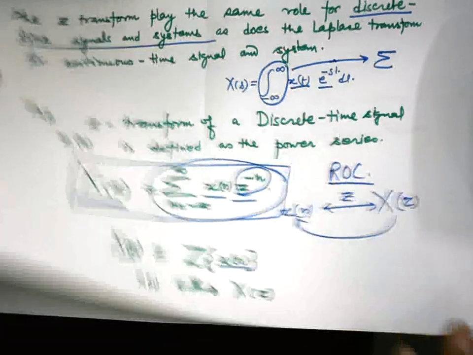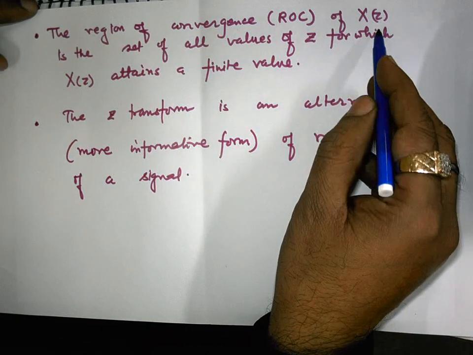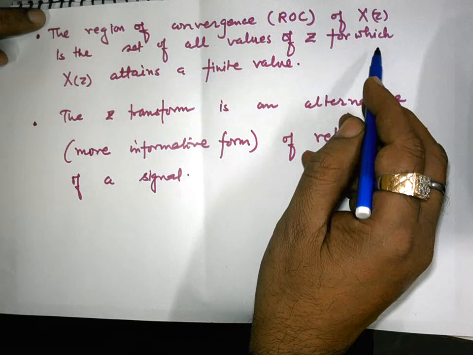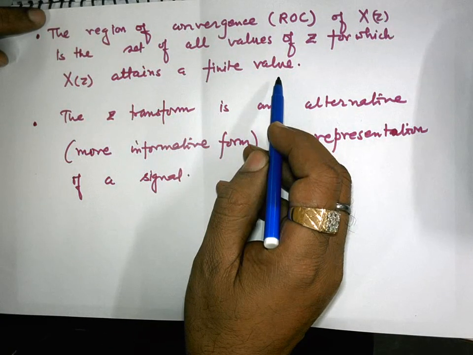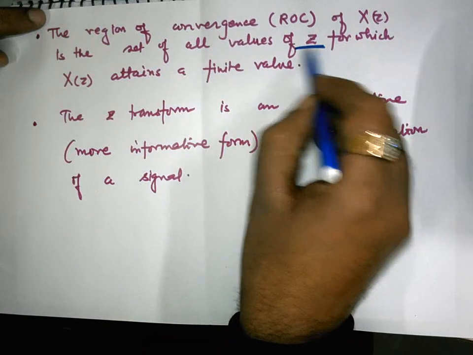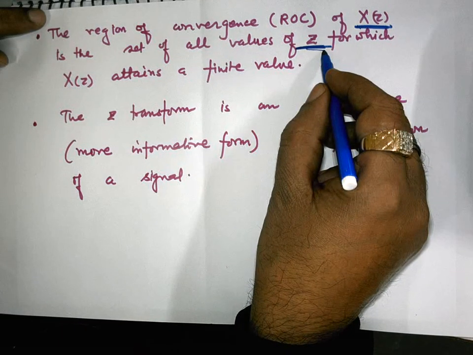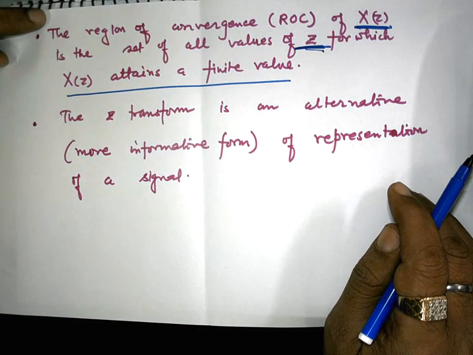So, the region of convergence of X(z) is the set of all values of z for which X(z) attains a finite value.